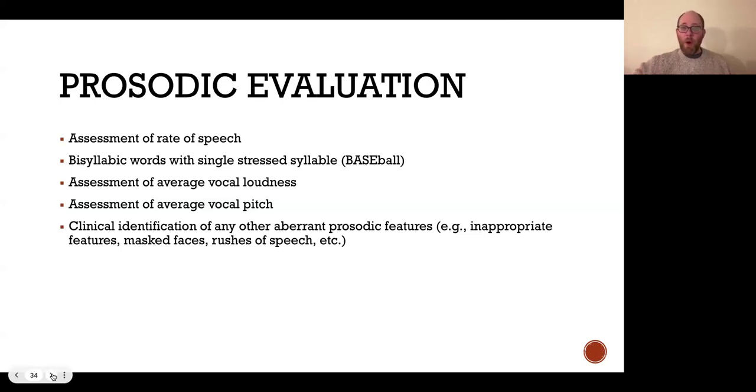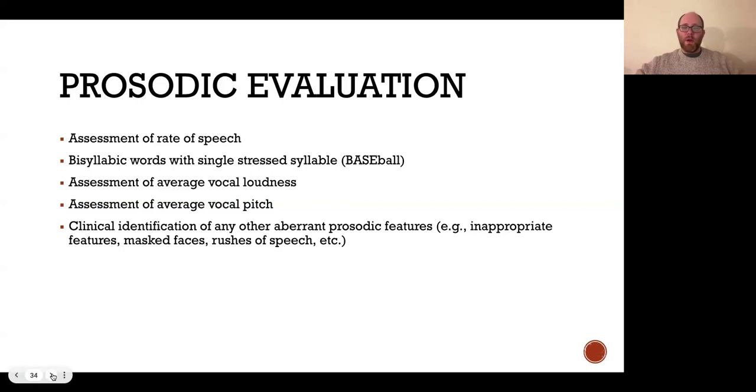If they say baseball like it should be, great. If they're saying baseball with no different stress there, or if they're having difficulty modulating where the stress should be, that's an assessment task where you have a very confined issue of the stress belonging on this syllable. Can the person produce it the way that it's supposed to be, or is that a challenge for them?